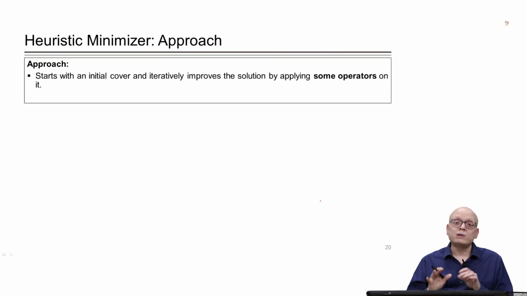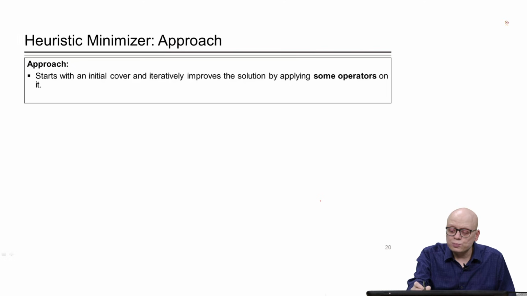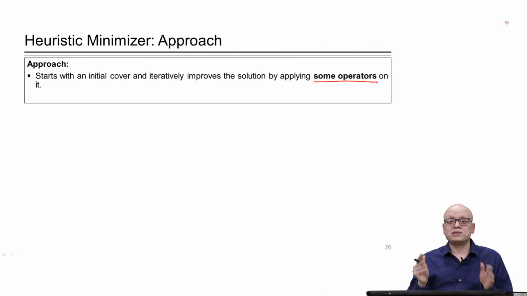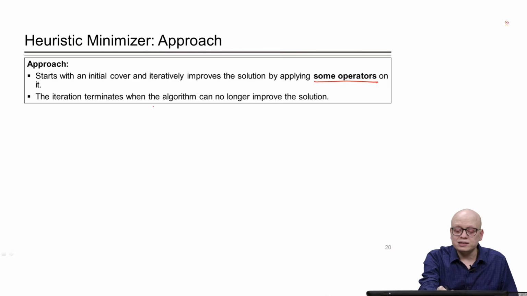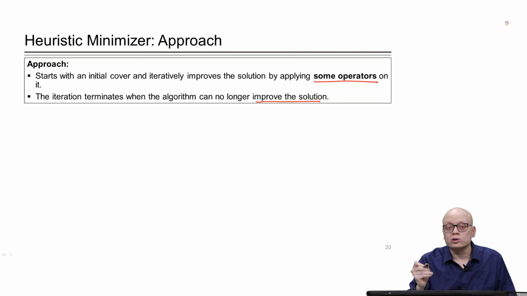It need not be a prime cover, and it iteratively improves the solution by applying some operators on it. The iteration terminates when the algorithm can no longer improve the solution.